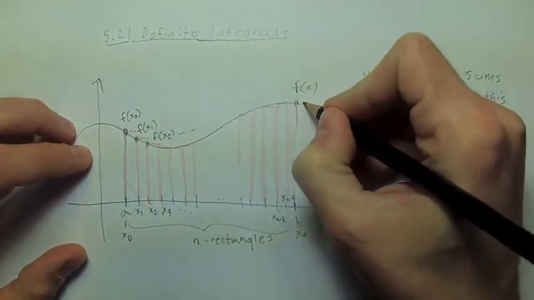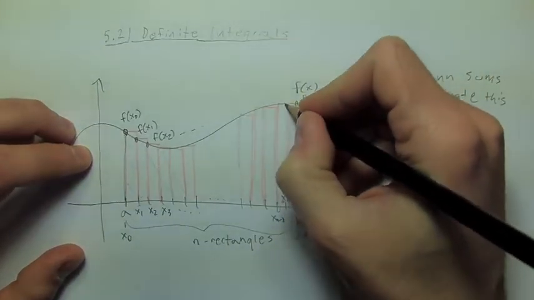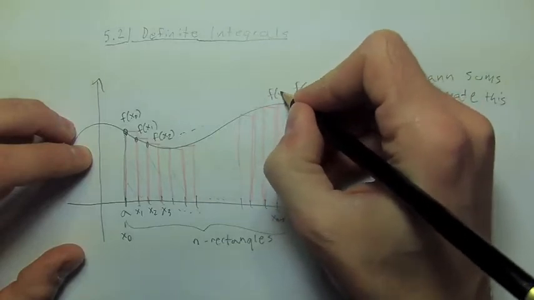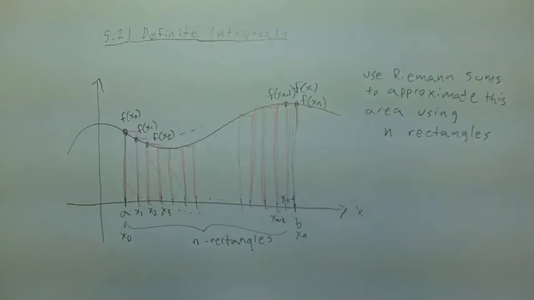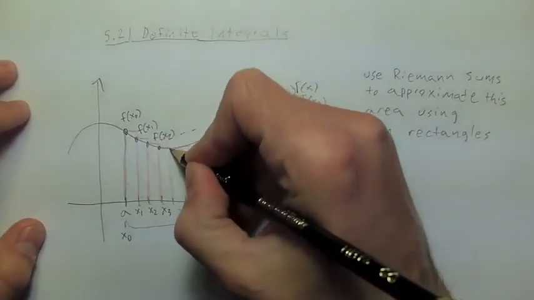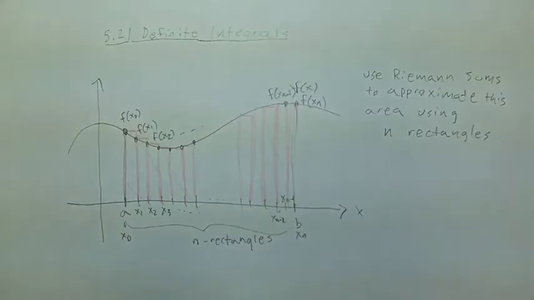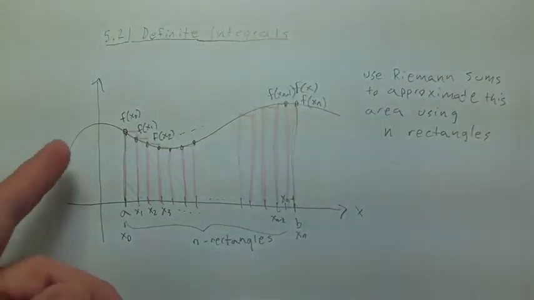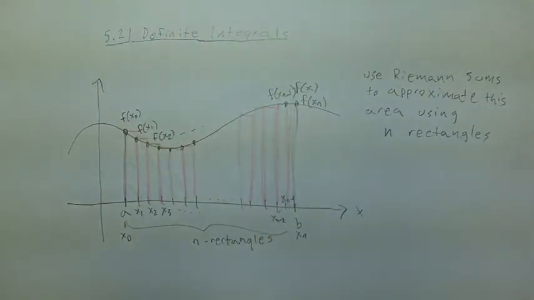And then this would be f of xn, f of xn minus 1, etc. Okay? So these are going to make up the heights. All right, so we'll have the heights as we go along here. That will all come, whether we use a left-handed estimate or right-handed estimate, all that does is change whether we use f of x naught or f of xn. That's really the only big difference there.